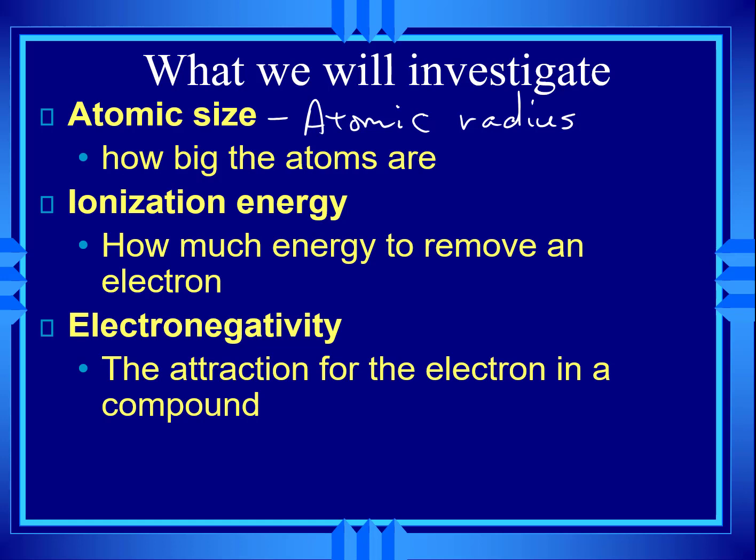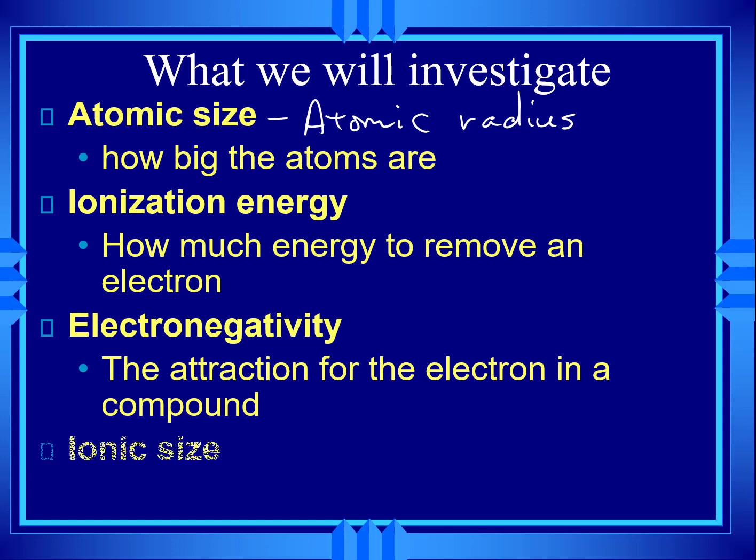Not how hard you attract your own electron, how hard you pull on your neighbor's electron. So you can't test it until you have a compound. Once you make a compound, you can measure how hard this atom is pulling on that atom's electron. I kind of think of it like greed. How greedy are they? Got my electrons, I want yours too.